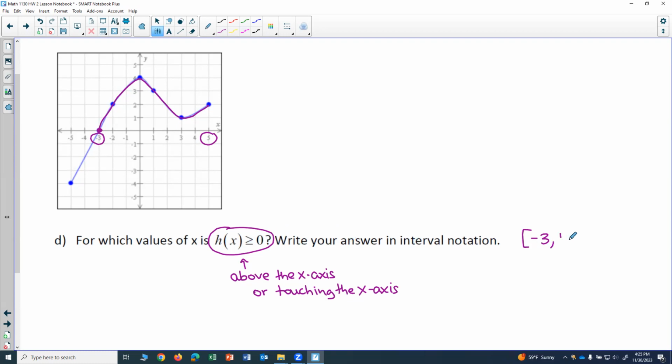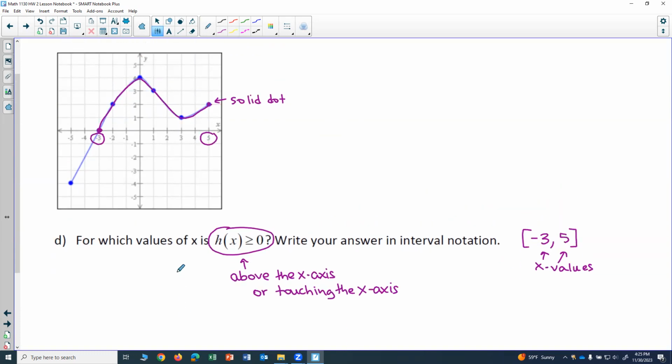And then go to 5, and I'll include the 5 also because my graph is still above the x-axis and I have a solid dot. So this would be the interval of x values. These are both x values. It's a left x value to a right x value, and that would be the interval notation.